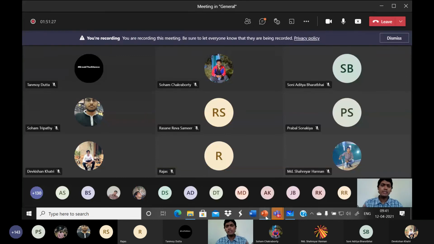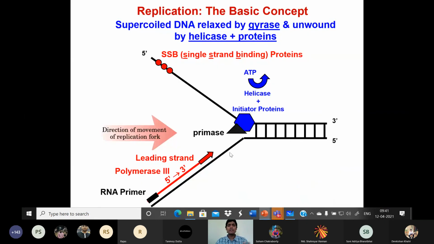So now, RNA primer for the leading strand, you just need one RNA primer because it is continuously being synthesized. But in case of the lagging strand, when the fork was here, one primer is added and this portion is synthesized.